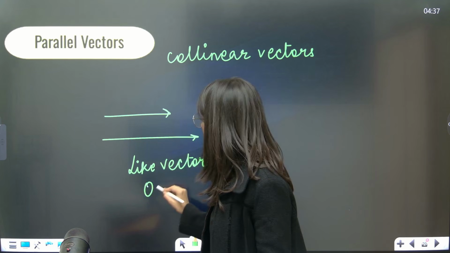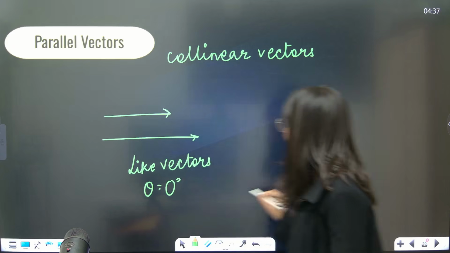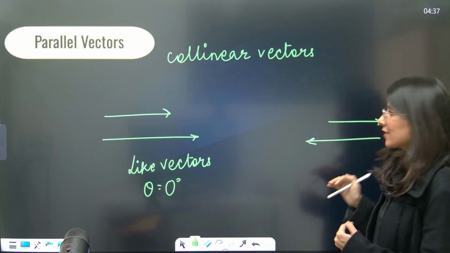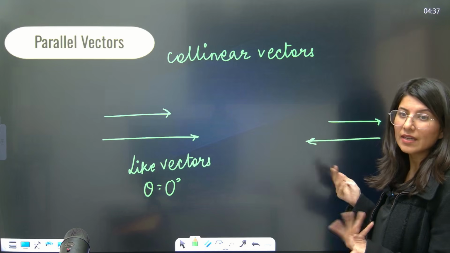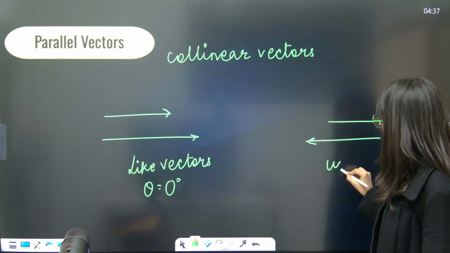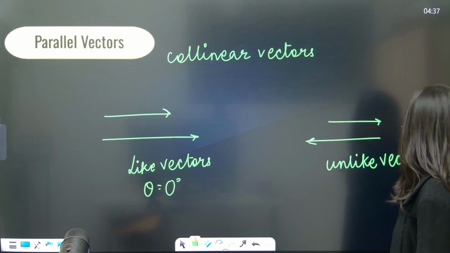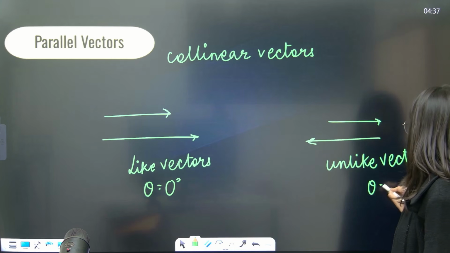So theta is 0 degrees. And this is unlike vectors, that means opposite direction, but again they are parallel, they are still collinear. So this is unlike vectors, and the angle between them will be 180 degrees.